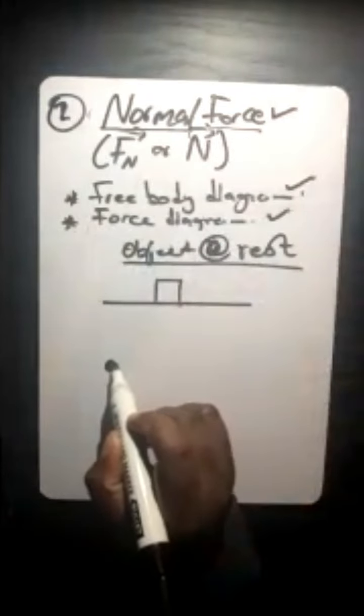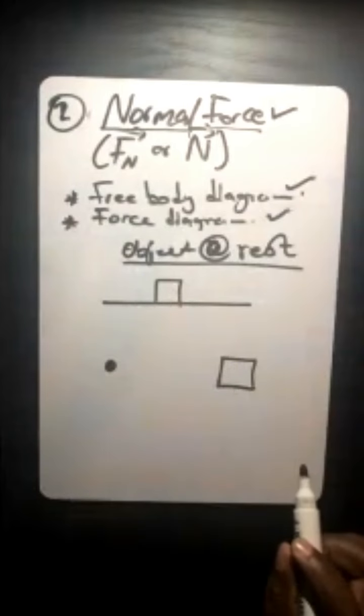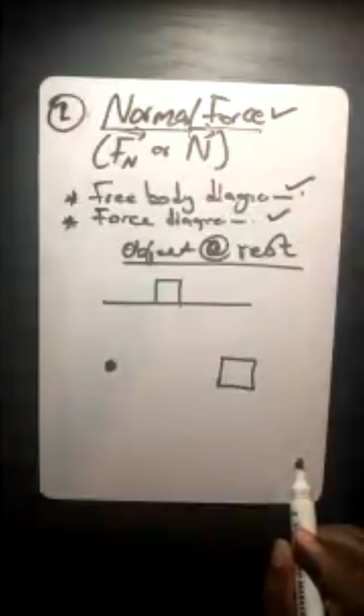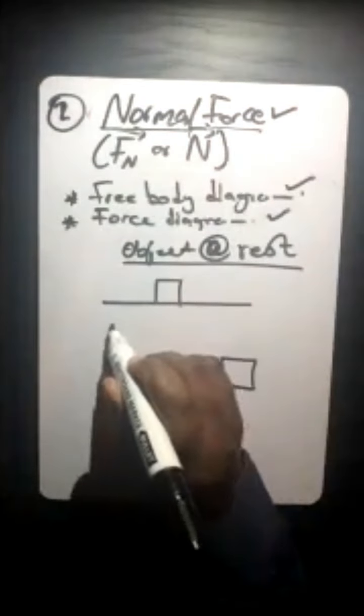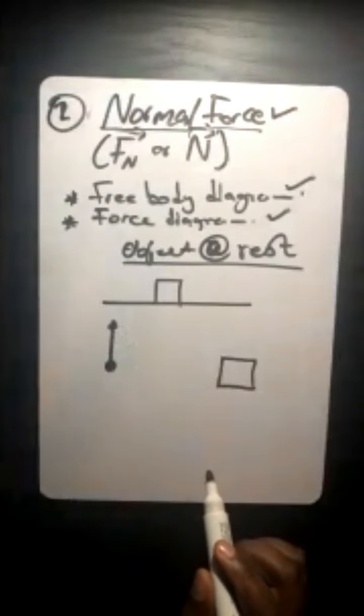The difference is that when you do a free body diagram, you draw that dot, ladies and gentlemen. And when you do a force diagram, because this is a box, then you just draw a box there. Very, very important: when you draw a free body diagram, all the arrows originate from that dot that you drew.